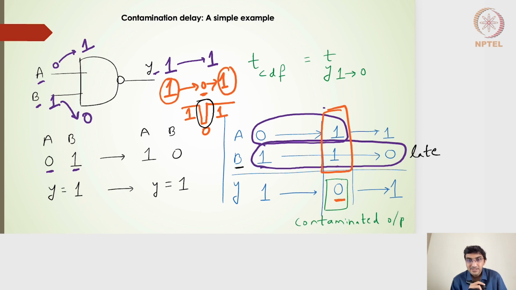Now with respect to the input and the output, if I draw the 50% point of the input rising and the 50% point of the output rising with respect to this contaminated output, we should say that is the contamination delay rising. Similarly, the contamination delay falling will be with respect to the rising input and the output falling, at the 50% point.